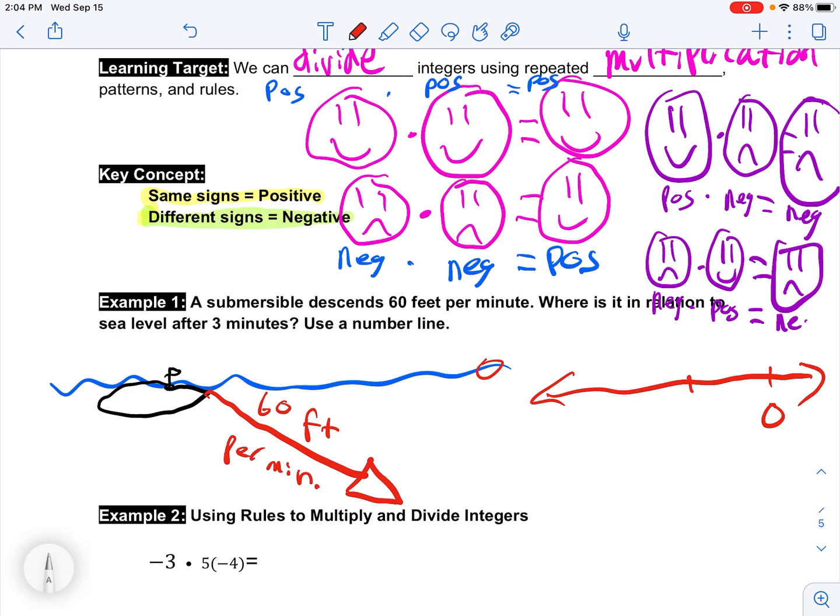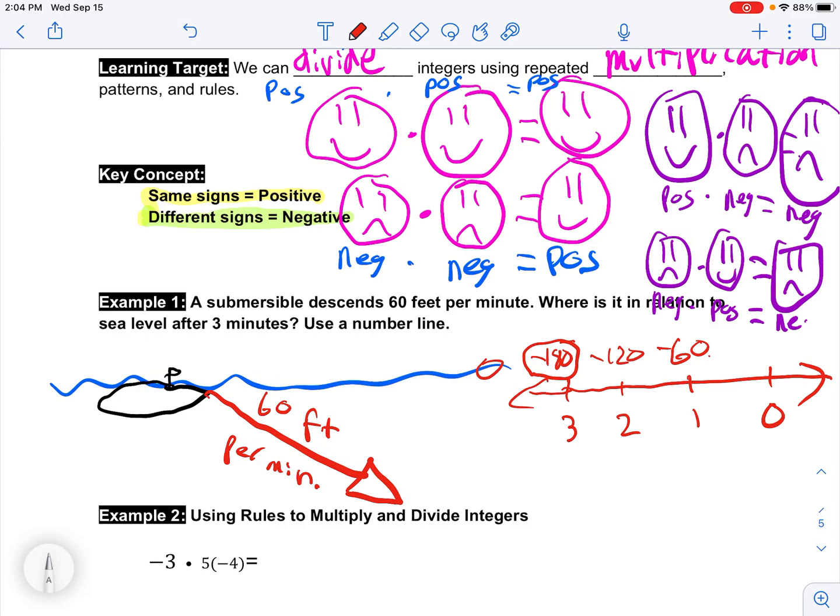And then after 1 minute, I'm going to be at negative 60 feet. After 2 minutes, I'm going to be at negative 120 feet. And after 3 minutes, 60 plus 60 plus 60 is negative 180.